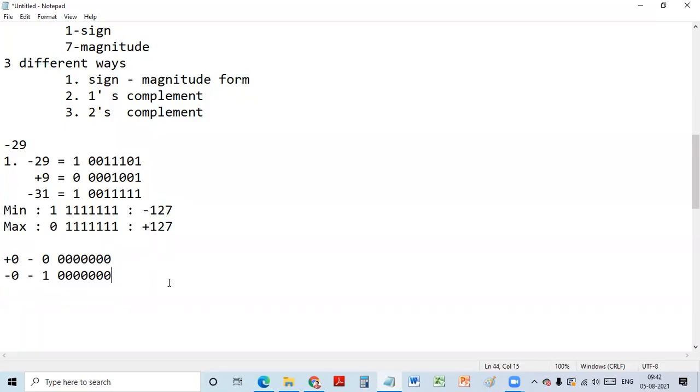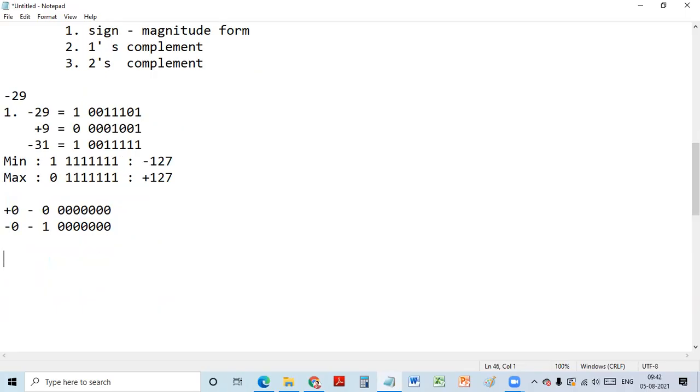Now going to the second, which is one's complement. To represent any number, we first treat it in binary, and then we take the one's complement of the number to get its corresponding negative number.